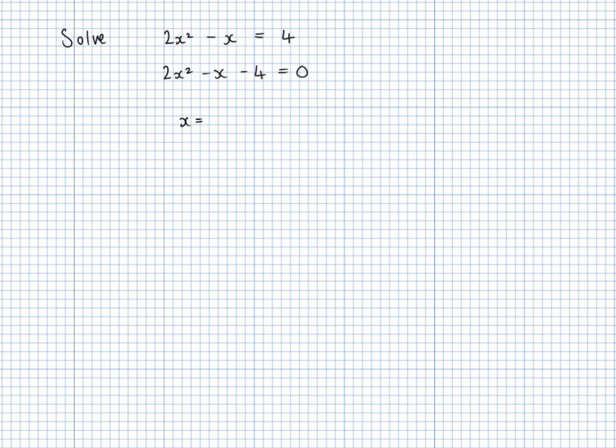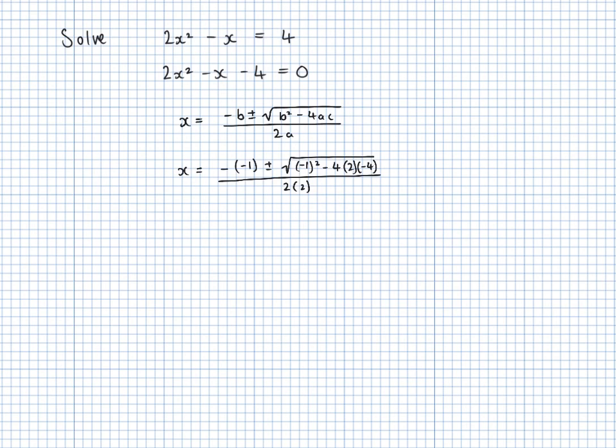So x equals negative b plus or minus the square root of b squared minus 4ac, over 2a. And now I'm going to substitute my values. So x is equal to negative, well, b is negative 1 for us, negative negative 1, plus or minus the square root of negative 1 squared take away 4 times a is 2 and c is negative 4, all over 2a, so 2 times 2.